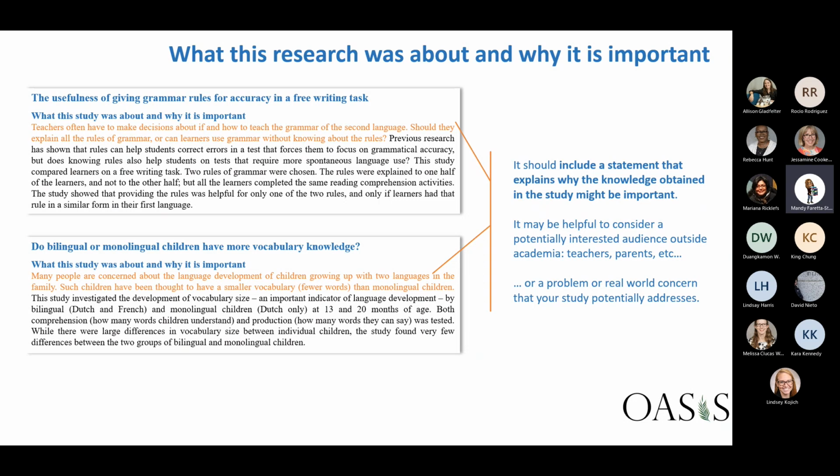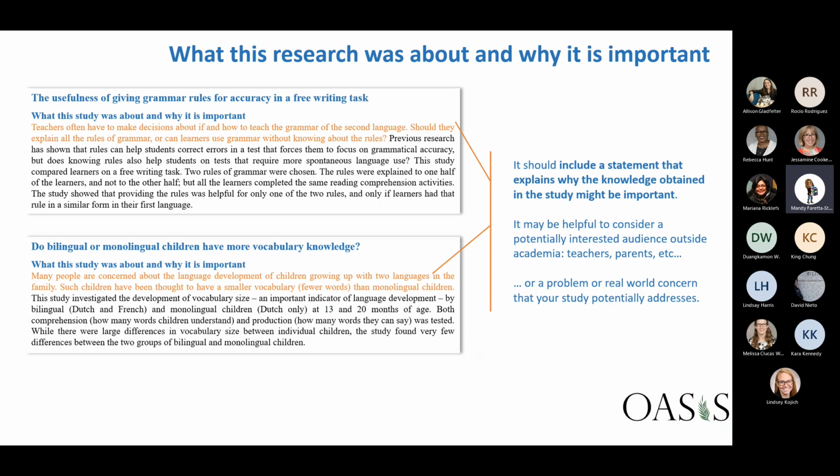Something that they encourage is that you really consider an audience outside of academia. Is it parents raising bilingual children? Is it teachers? Is it other stakeholders? Or maybe a problem or real world concern that your study potentially addresses. So, this broad question: why should we care about this paper?